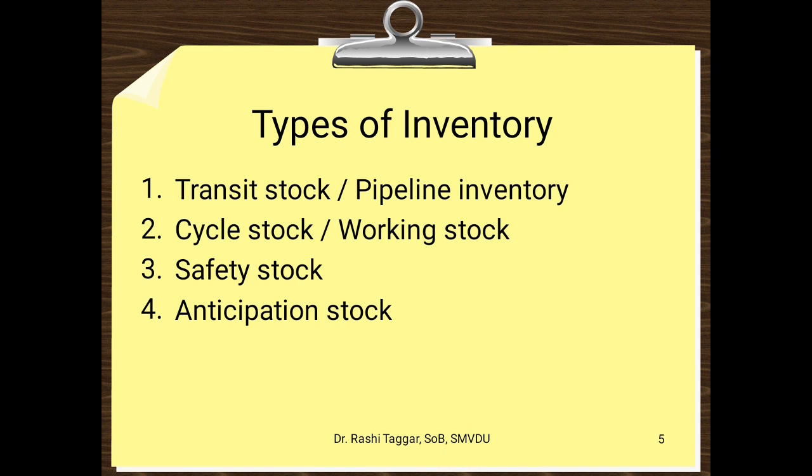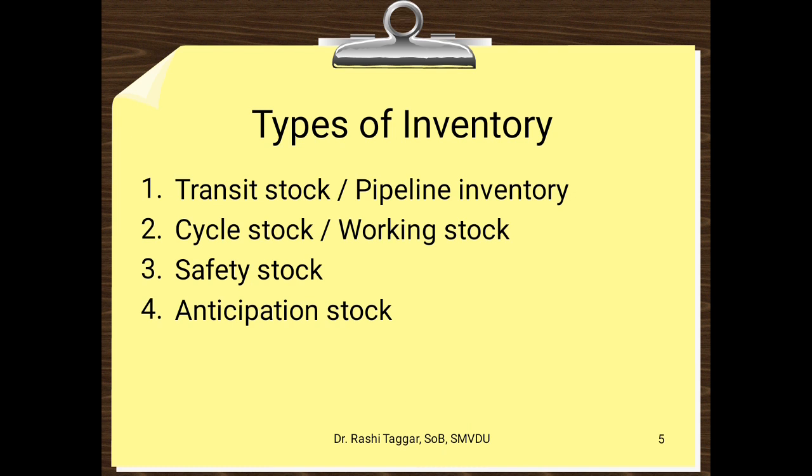The products with seasonal patterns, like right now, there will be the peak demand in the coming summers for ACs, fans, fridge, etc. So for that, the anticipation stock is maintained. Calendars, woolen clothes, they are having the seasonal patterns, and in particular time period they face peak demand. So the anticipation stocks are built up in advance.